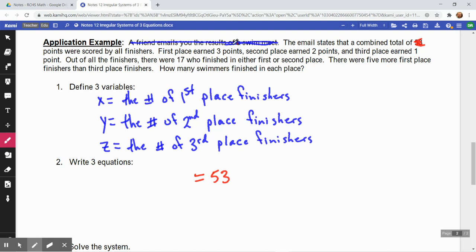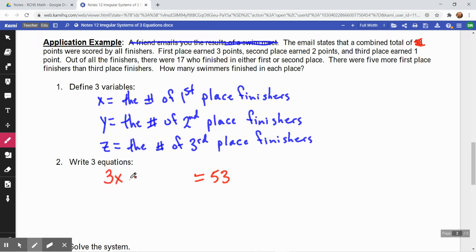So a total of 53 points were earned by all finishers. So how do we get those points? Well, we look here, keeping on the idea of point values. First place earns 3 points, second place earns 2 points, third place will earn us 1 point. And so to show 3 points for first place, we use 3 as the coefficient.